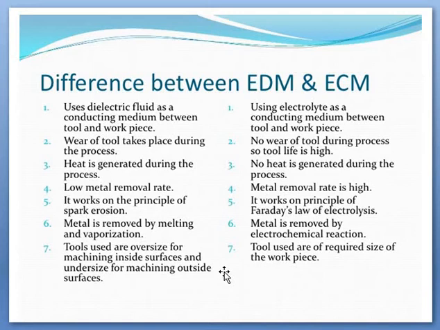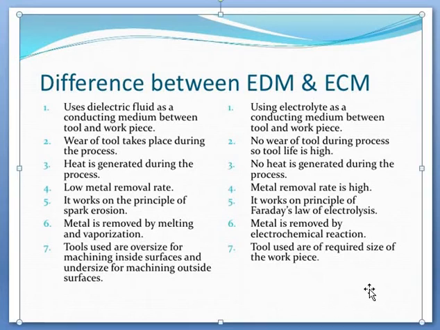In case of EDM, metal is removed by melting and evaporation, and in ECM, the metal is removed by electrochemical reaction. The last point is related to the tool. The tool used in EDM is oversized for machining inside and outside surfaces, and in case of ECM, the tool used has the required size of the workpiece.